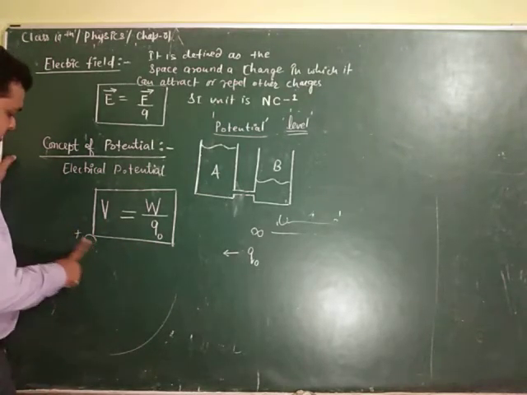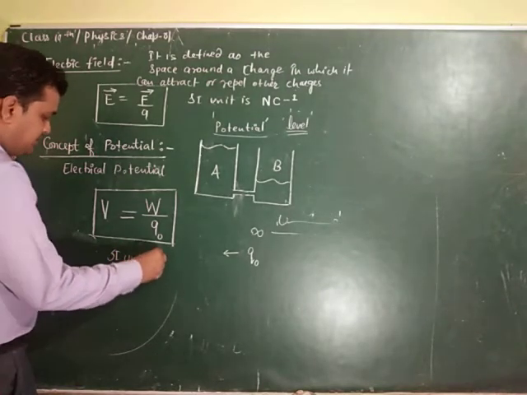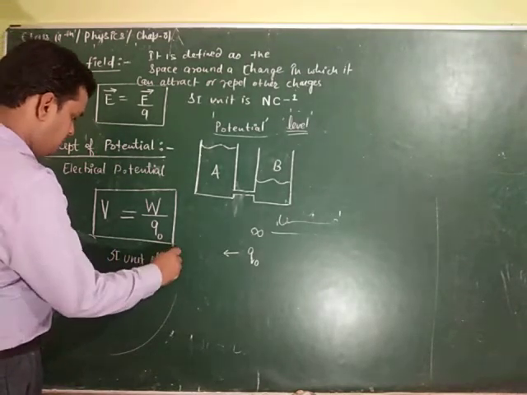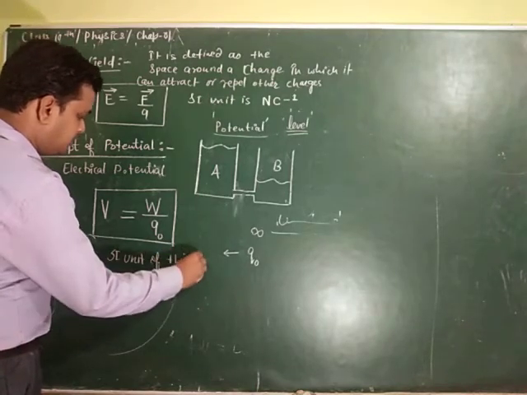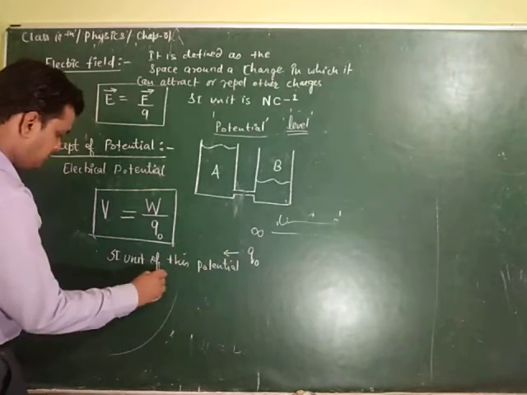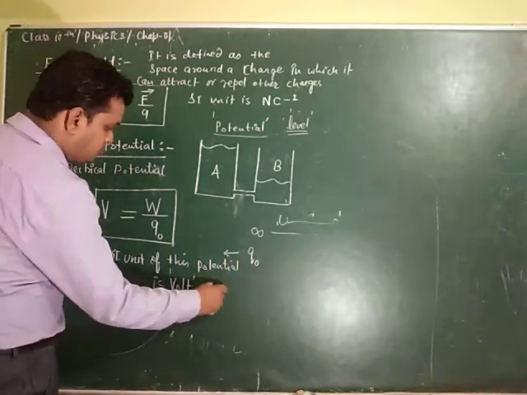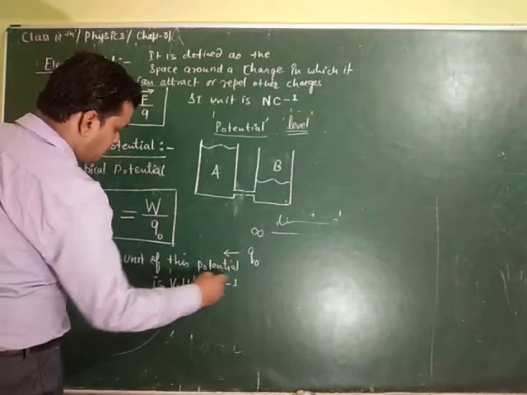Now what is the SI unit of this electric potential? It is the volt, or joule per coulomb.